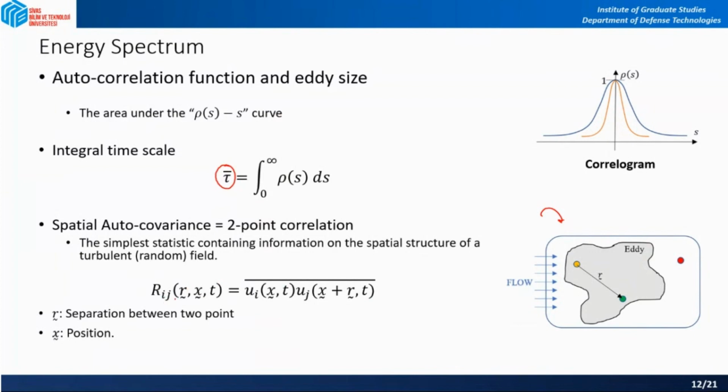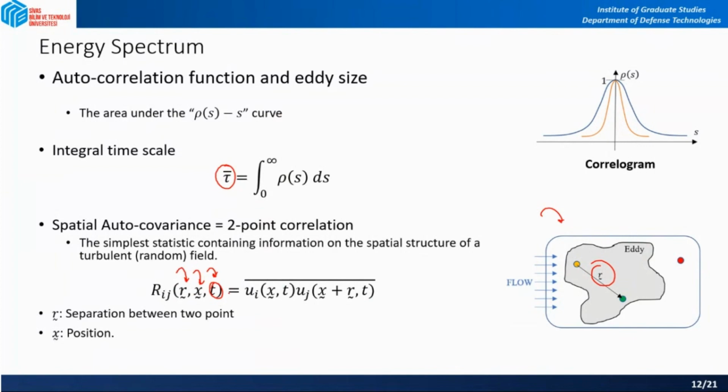So this Rij is a function of r. r is the separation between 2 points. x is the position in the space. So you see this r in here. This is the separation between the two points. And of course you have time, so it is a function of time as well.